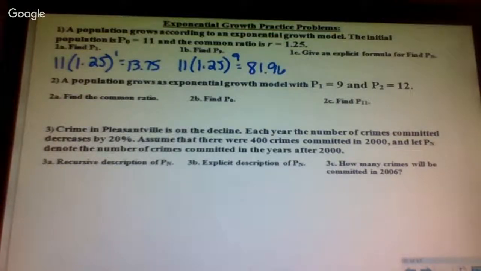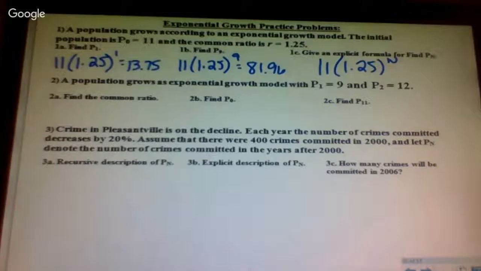And finally, part C, all they want is your explicit formula: 11 times 1.25 raised to the n. Who would have thought they would want you to come up with a formula first, then plug stuff in?